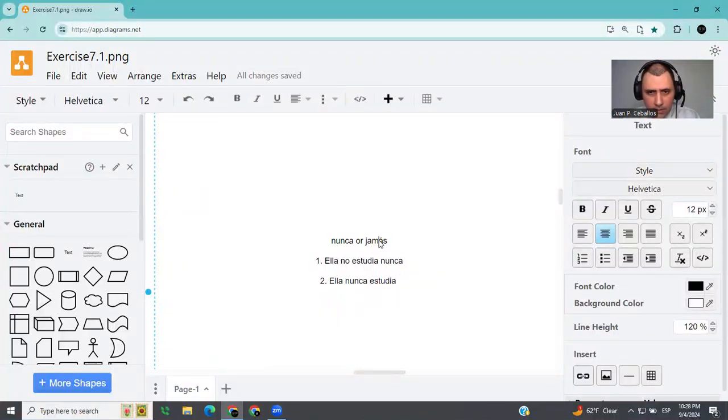Now I said nunca and jamás are synonyms, so I can change nunca for jamás as well. So say jamás. They have exactly the same meaning. So you can use either or. Now, what will happen if you have several verbs in the same clause?